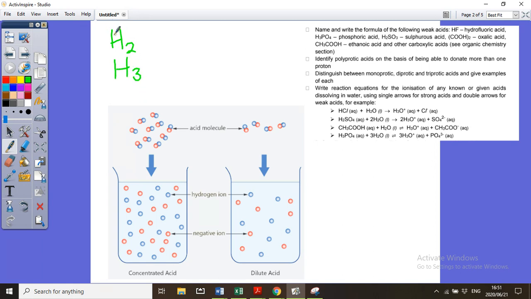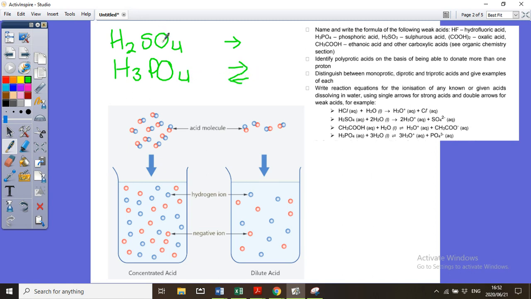One would be monoprotic. You already have examples of these because you know H2SO4 will be a diprotic acid. We can use H3PO4 as a triprotic acid. Just remember that this one would be strong, so when it ionizes, you'll write a single arrow, and this one will be weak, so you'll write a double arrow.